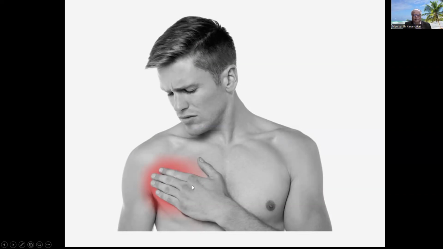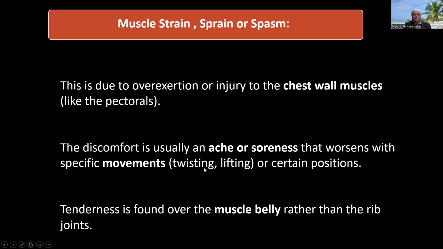As you can see here, the red area is where this gentleman is experiencing the pain. Now, muscle strain, sprain, or spasm, as it is called, is due to overexertion or injury to the chest wall muscles, like the pectorals in the picture we saw two slides back.